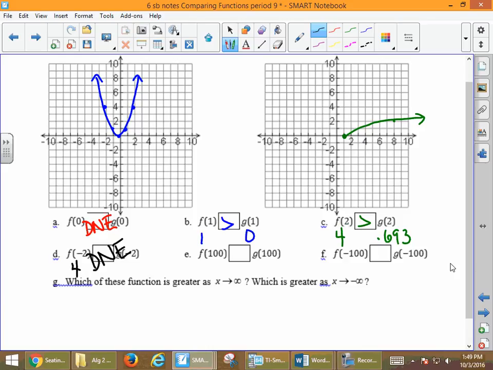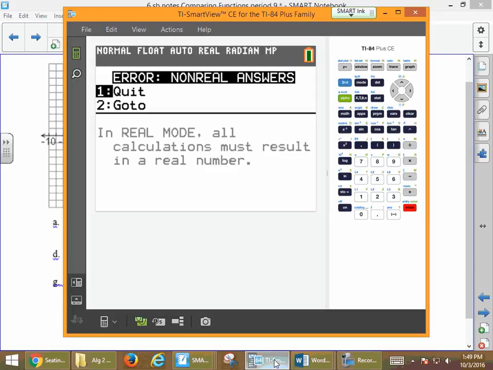But we do for E. We've got f of 100, and if we square 100, we get 10,000. And then let's look at what our natural log of 100 is.